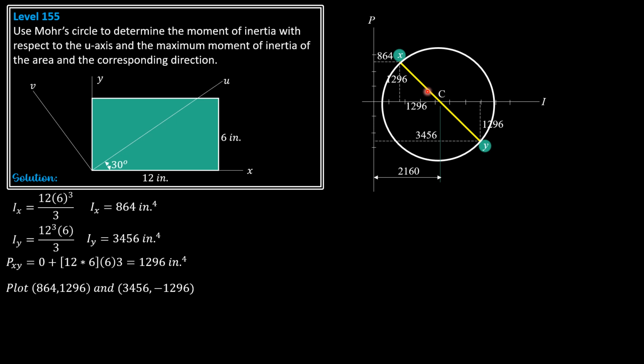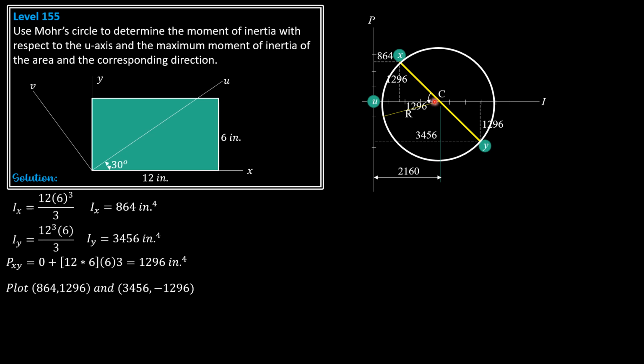To locate u from the x-axis, we rotate 2 times 30 degrees counterclockwise. So that's counterclockwise, 2 times 30 is 60 degrees. So this is the u-axis, and the angle there is 60 degrees, 2 times 30, and this is the radius. That's also the radius here.